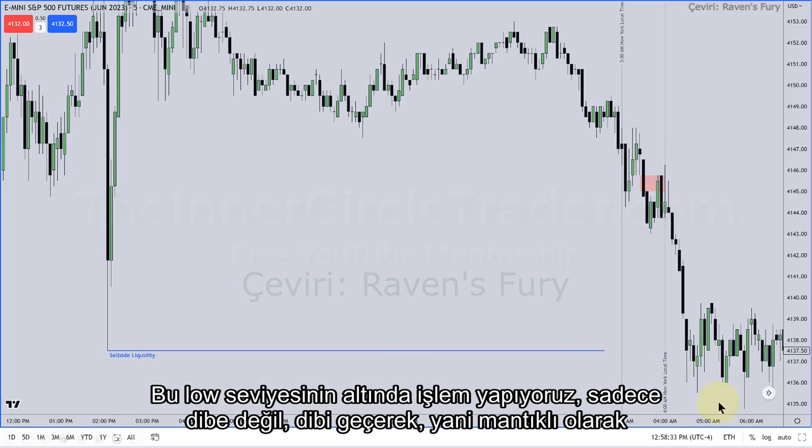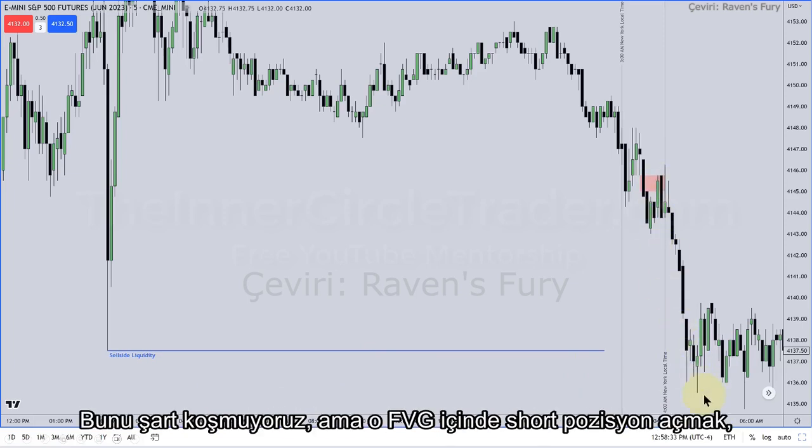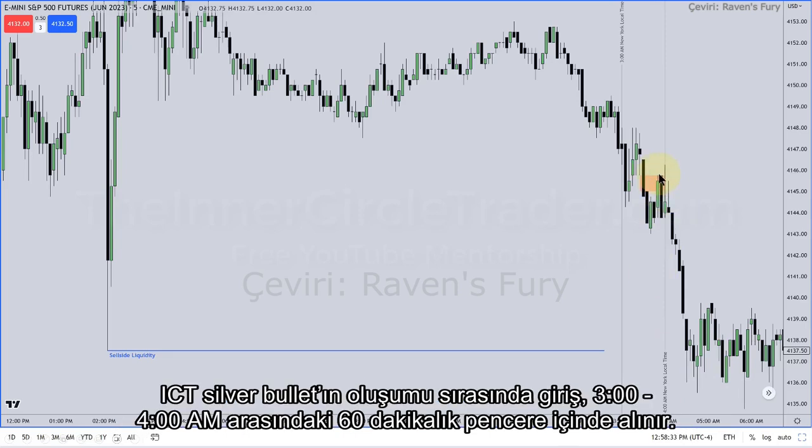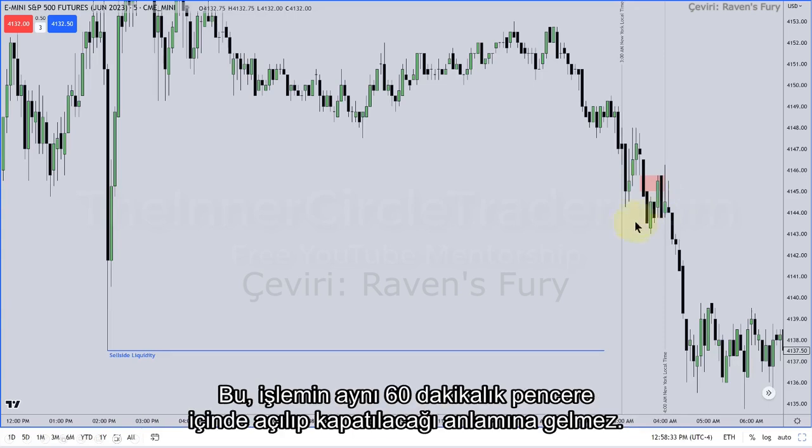So it's reasonable to anticipate a potential run of 10 handles. We don't require that, but going short inside that fair value gap, the formation of the ICT silver bullet, the entry is taken inside of that 60-minute window between 3 a.m. and 4 a.m. It does not mean that the trade is entered and is exited in the same 60-minute window.